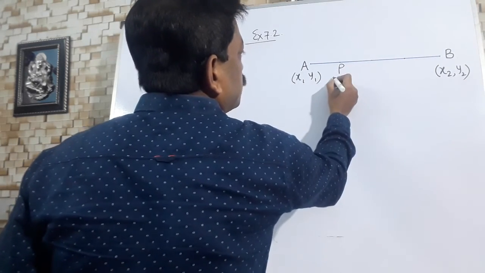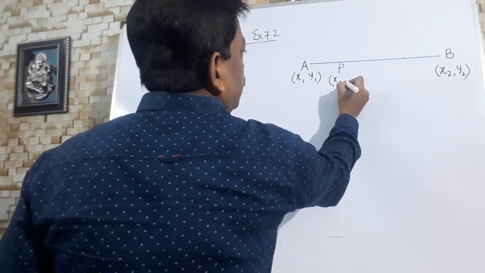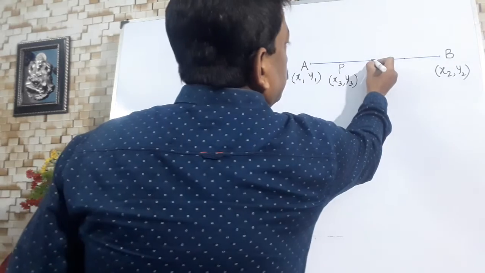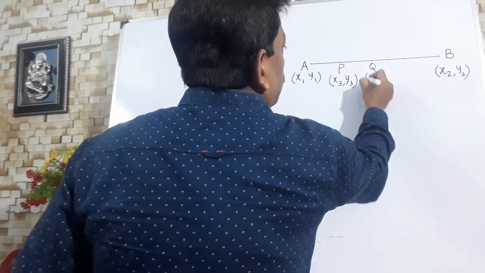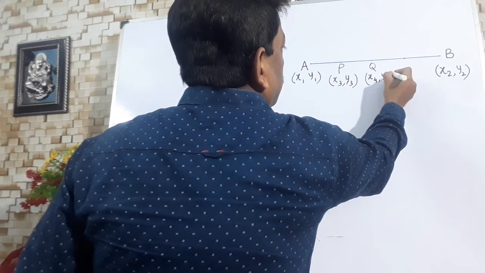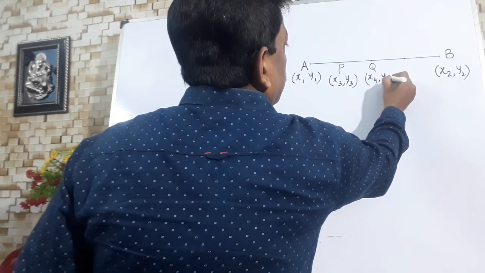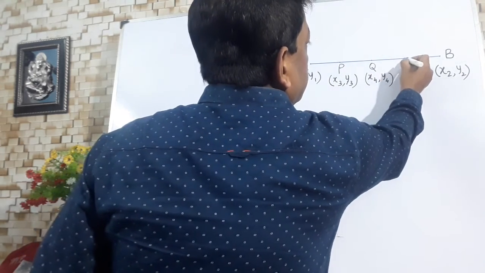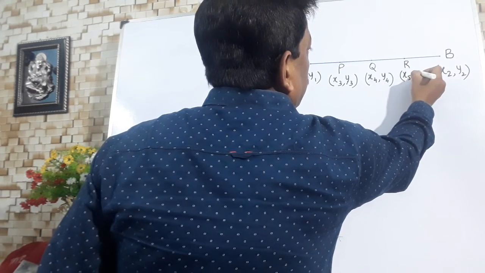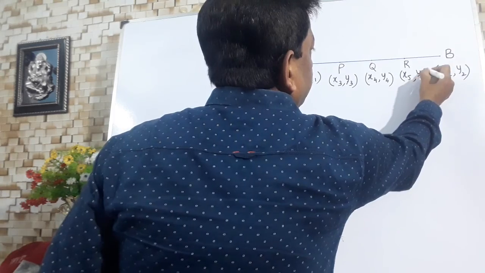Suppose this is P, whose coordinates I am taking as x3, y3. This is Q, x4, y4. And this is R, x5, y5.